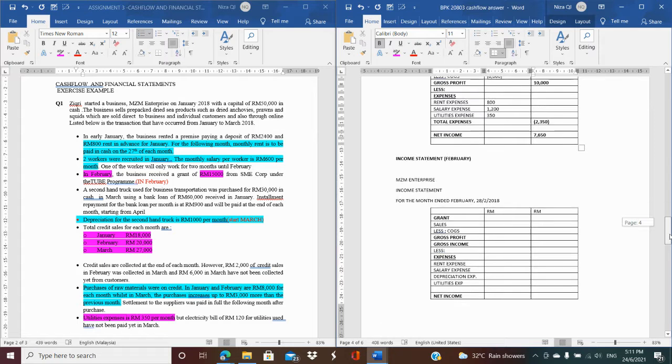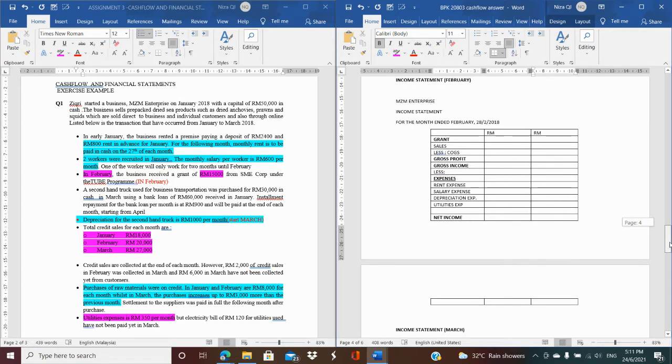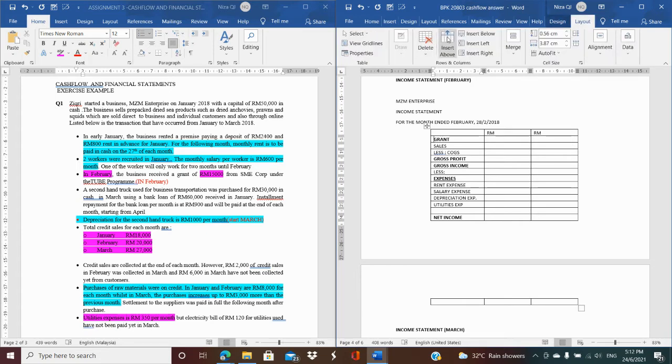Now we move on to the income statement of February. I'm going to show you because here it involves a grant. Under the revenue part, you're going to input the grant under revenue.